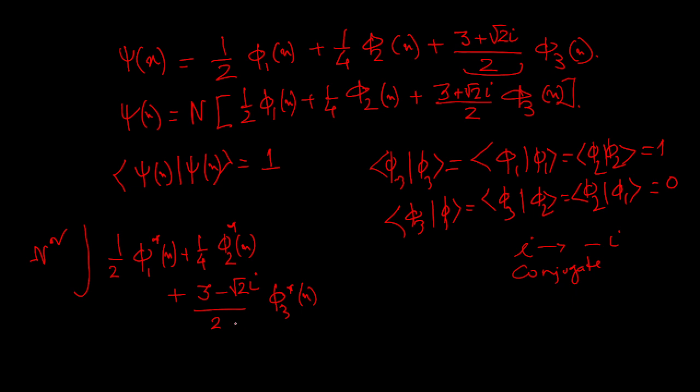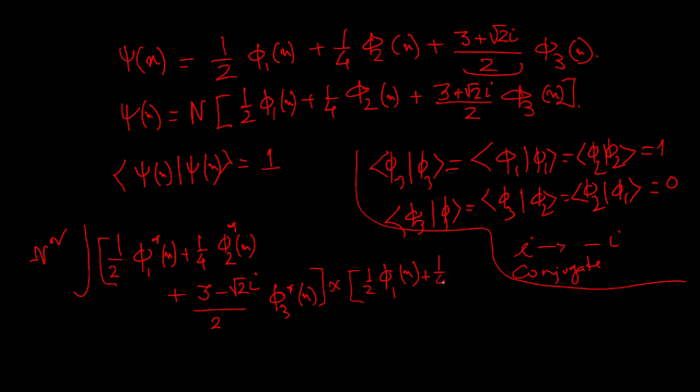Now this whole thing is multiplied with half of psi 1 x plus 1/4 of psi 2 x plus 3 plus 2i root 2 psi 3 x. That should be equal to 1.